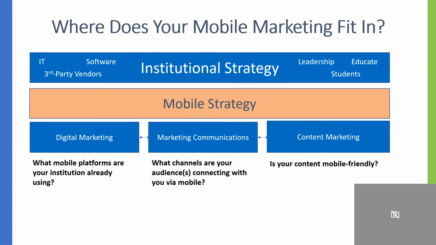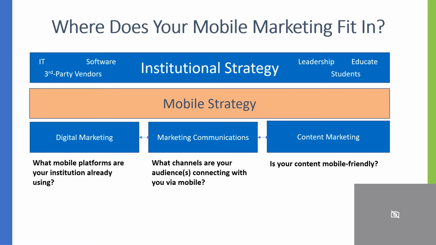Now, the first thing to think through with your mobile marketing is how it fits within your overall strategy. You want to first and foremost understand, at the college and institution level, what current activities are being undertaken across the institution when it comes to IT strategy, and software being used across campus, most of that being software as a service in this day and age.